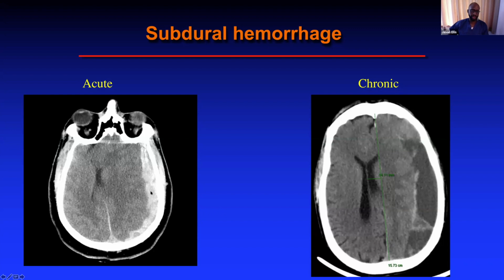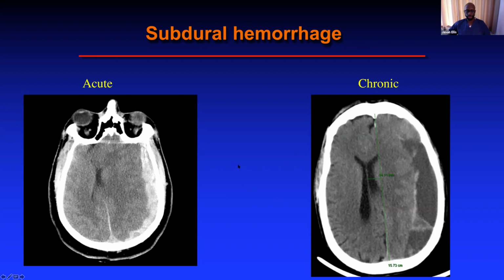Okay, and this is in a subdural location, just below the dura. It as well compresses the brain, but it doesn't have that dural membrane beneath it, as in the case of the epidural hematoma.